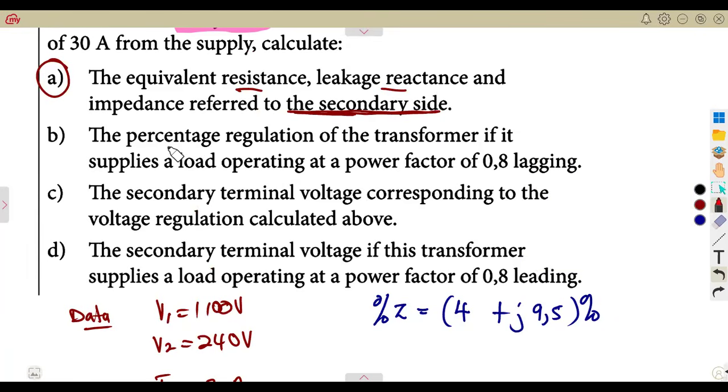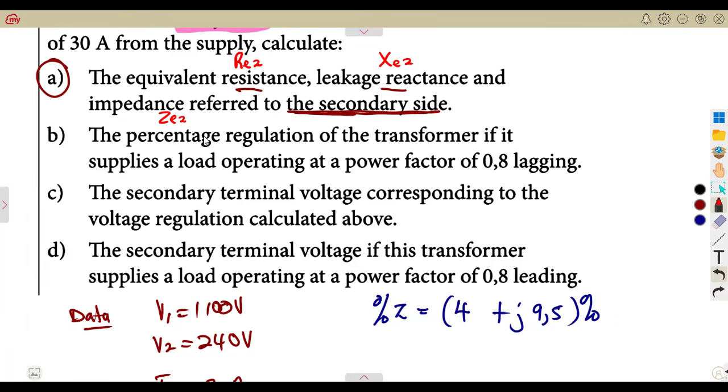Meaning they want you to have the equivalent resistance, the equivalent leakage reactance, and also the equivalent impedance Ze2 referred to the secondary side, which is fine.